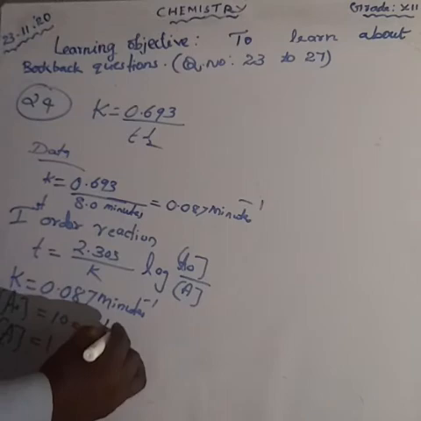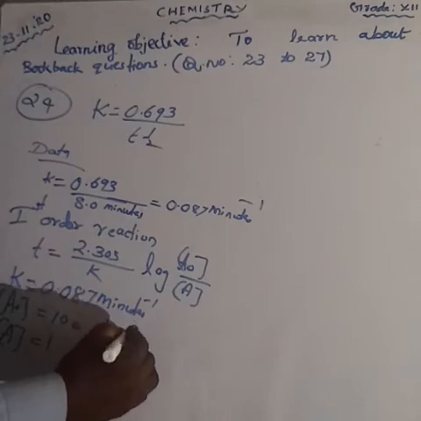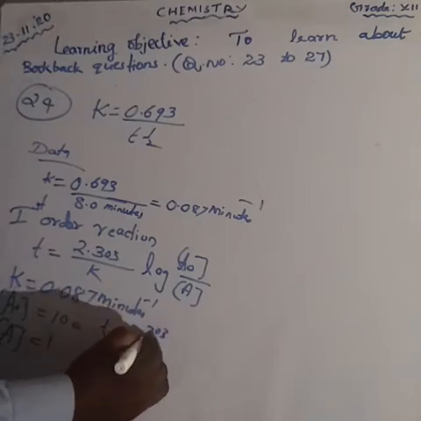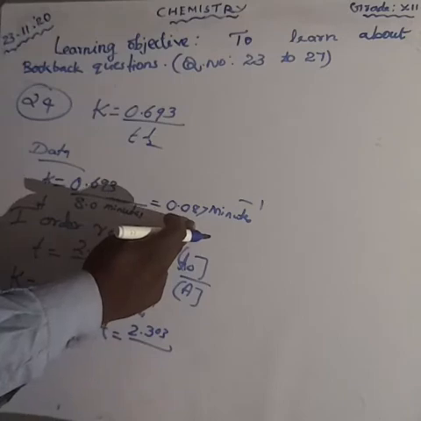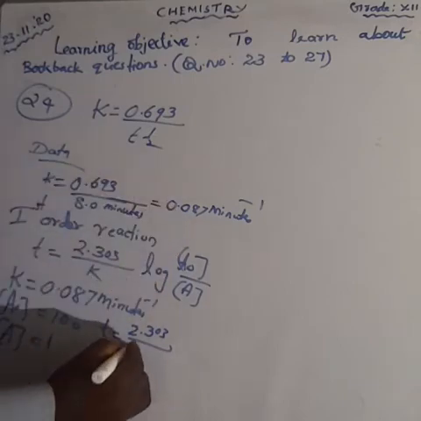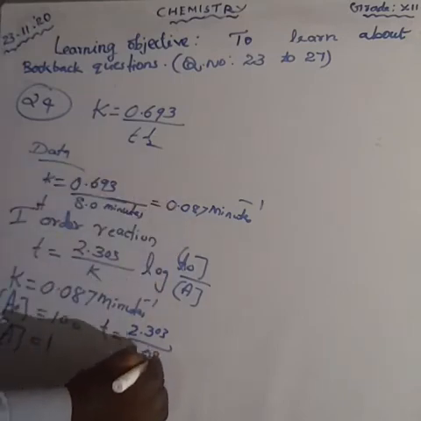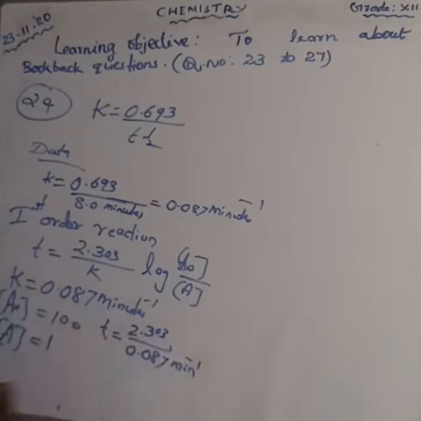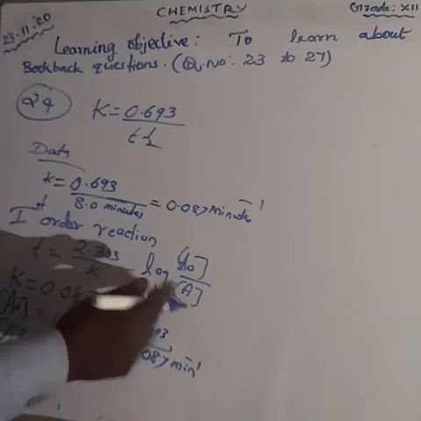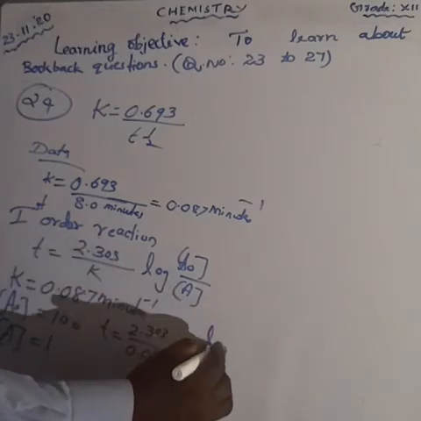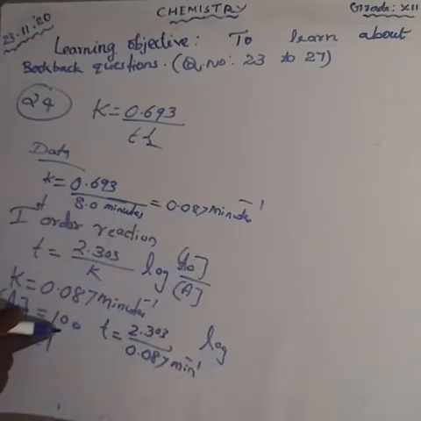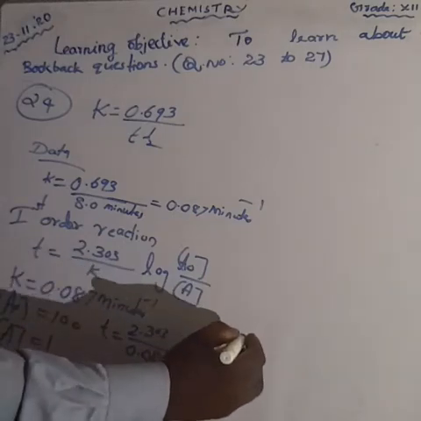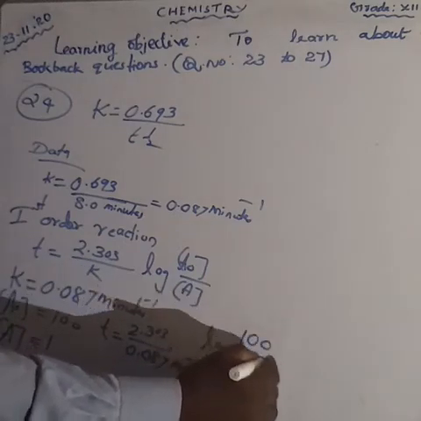So, T is equal to 2.303 by K value, already given. What about the K value? 0.087 minutes inverse. Okay. And about the log of A naught, A naught is equal to 100, divided by the A value.